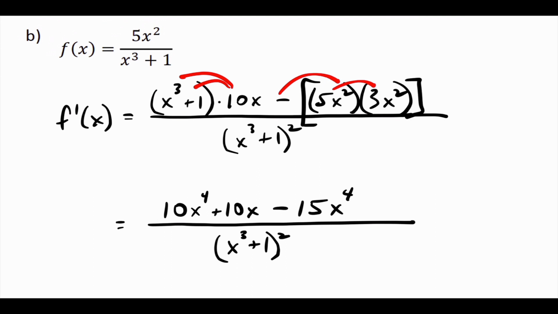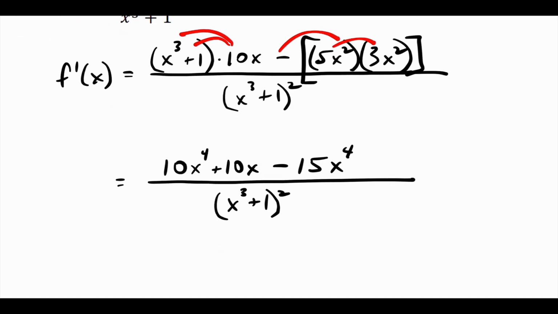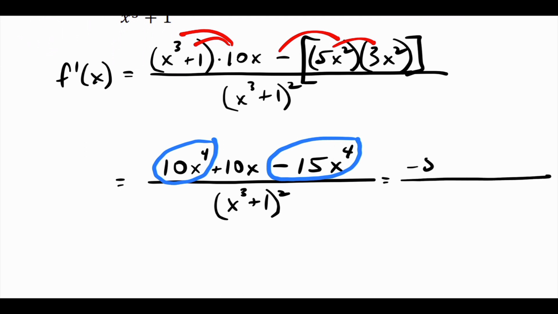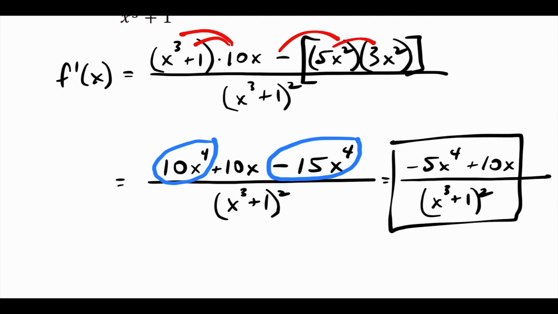I can combine some x to the fourths because they both have the same x to the fourth. I get negative 5x to the fourth plus 10x over x cubed plus 1 squared. You're done.